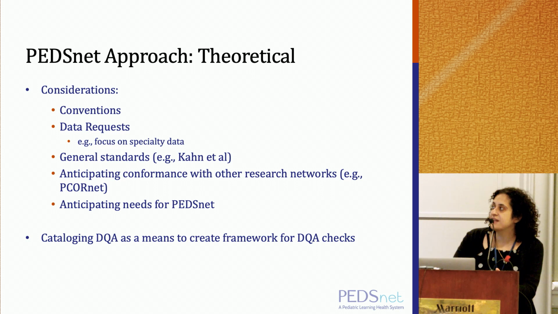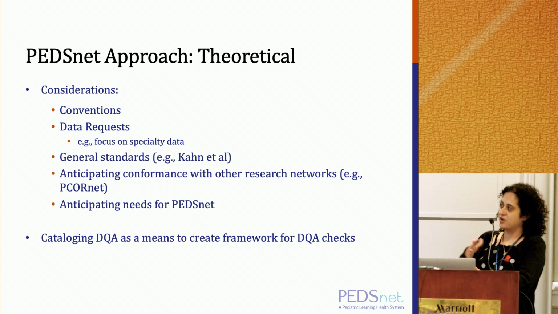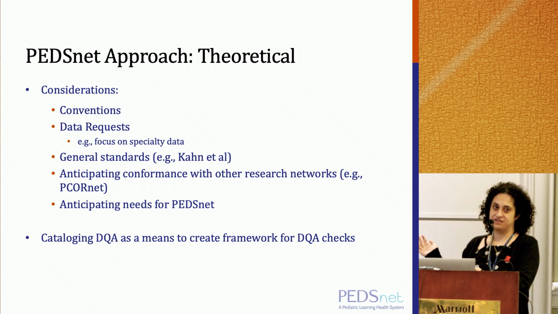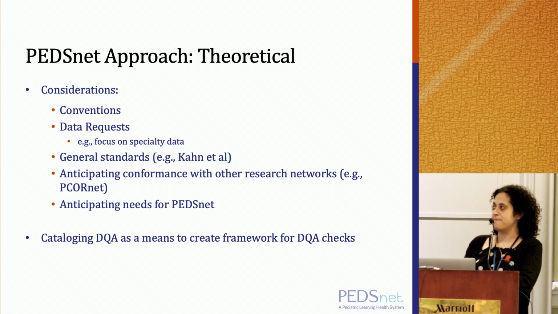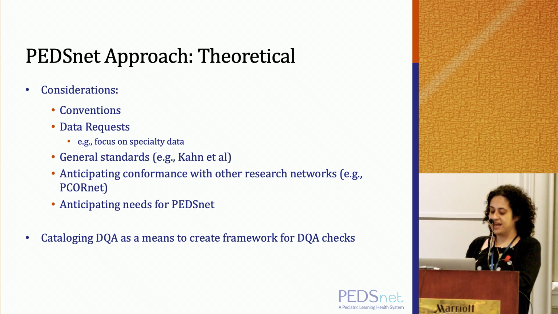The data flow is that the 7 sites, and the sites that are going to be added on, extract data on a quarterly basis, and we have an extensive ETL document that they use to guide their ETL practice. They send it to us, and then we merge it, and we have an instance of PEDSnet.